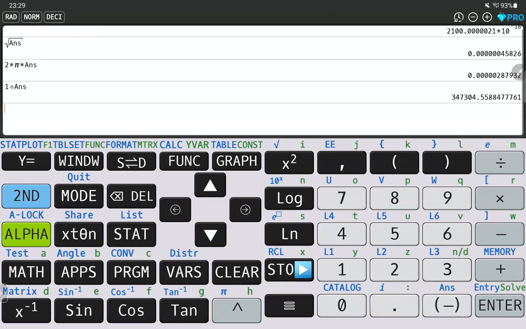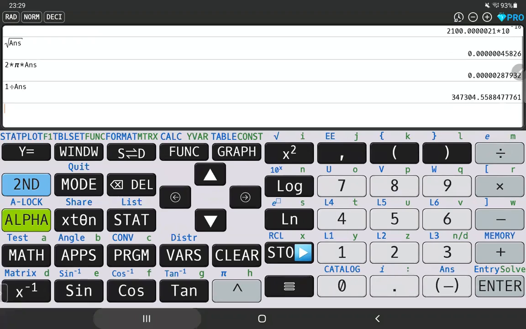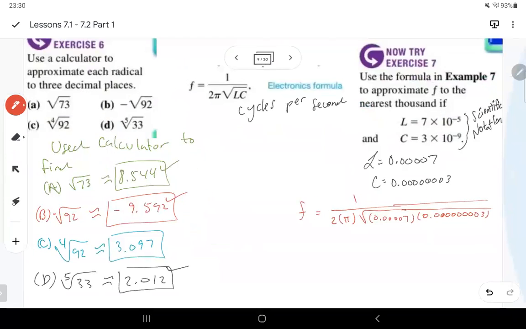And I get 347,304.559 if you round it. And we need it to be to the nearest 1,000. So we got 347,304.559.